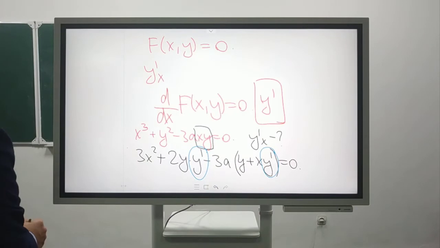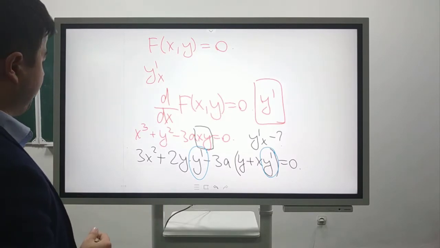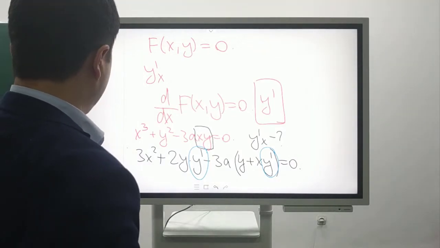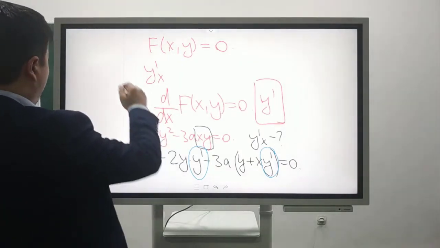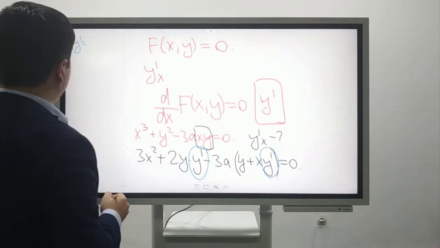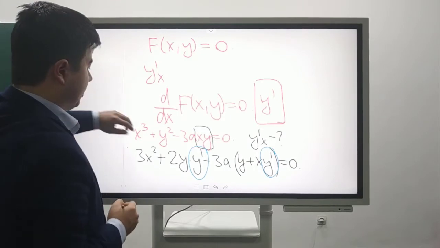Here and here we have y prime. So y prime is, let's simplify this expression, and what we get here, just a minute. Let me add the like terms.